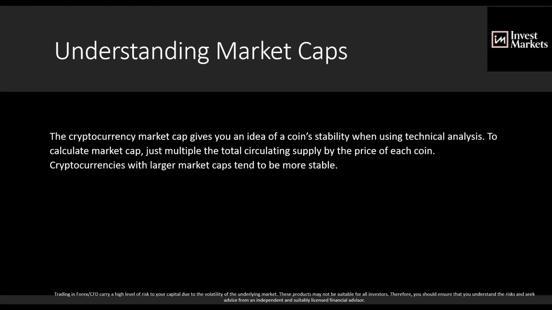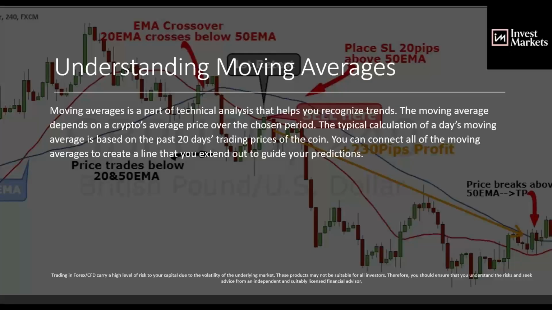Okay. Cryptocurrency is market caps. The cryptocurrency market cap gives you an idea of the coin stability when using technical analysis. To calculate market cap, just multiply the total circulating supply by the price of each coin. Cryptocurrencies with larger market caps tend to be more stable.